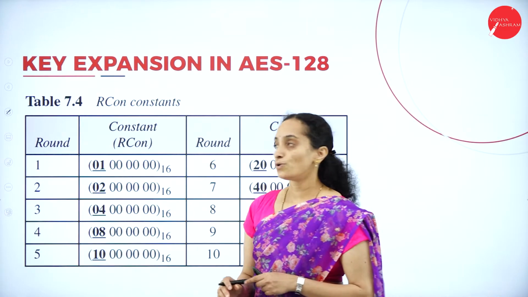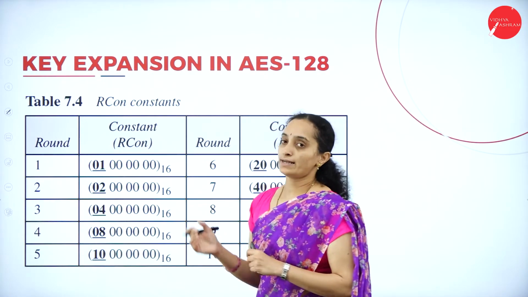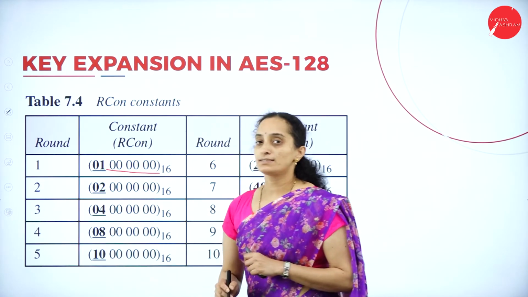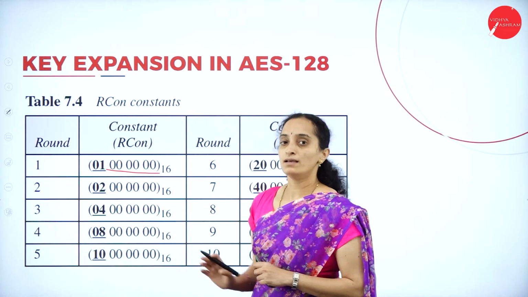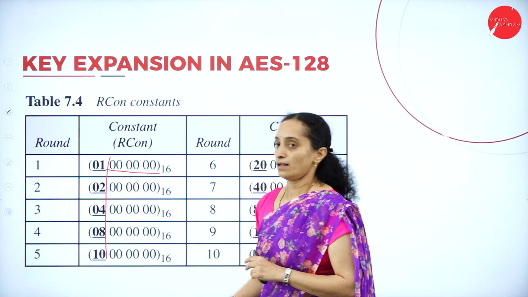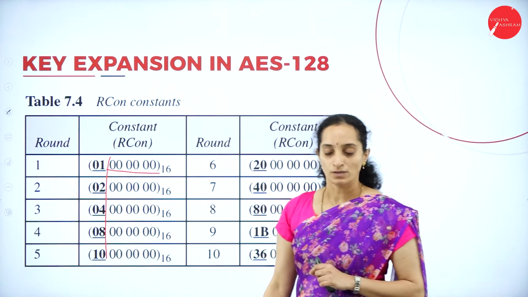Next is to know about how to get the R rotating constants. In rotating constants, the 3 bytes from LSB will always remain the same, only the last byte is going to change.